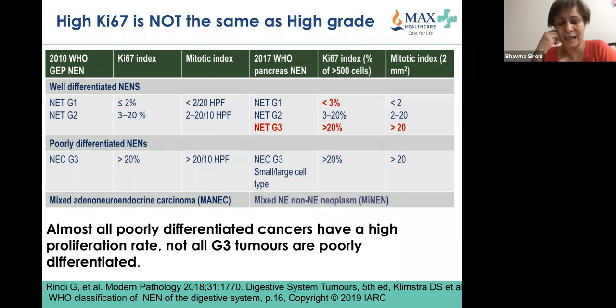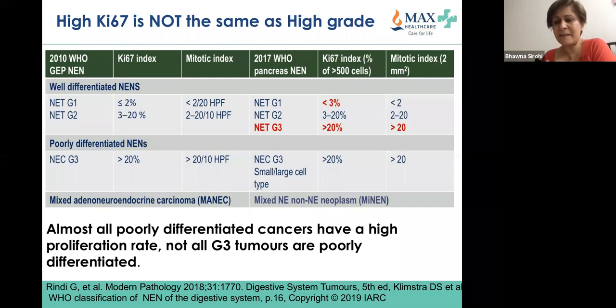Professor Guido Rindi has done the most work in this, and I was fortunate to spend some time with him and talk to him as well. Quite a few other NET pathologists feel that for pancreas, less than 5% is also fine. Grade 2 is 3 to 20%, same as before.